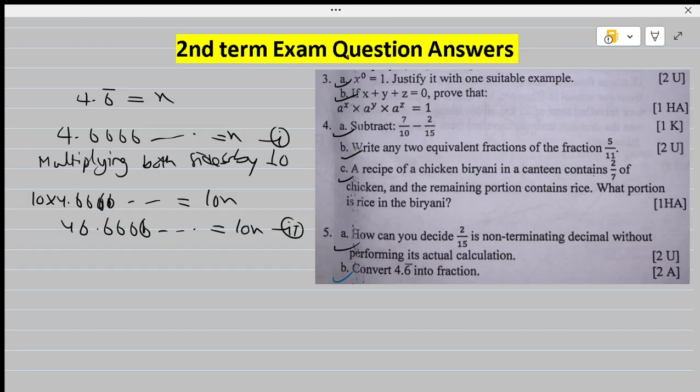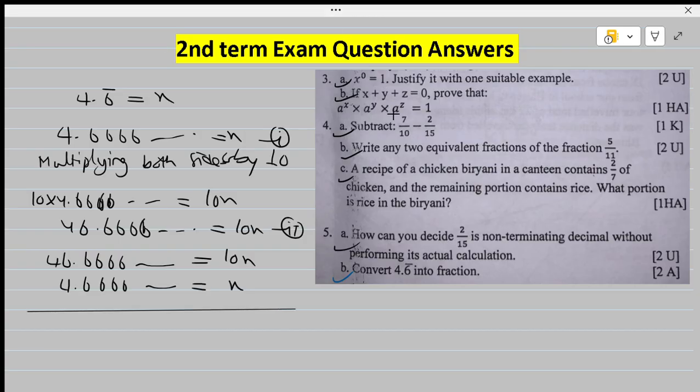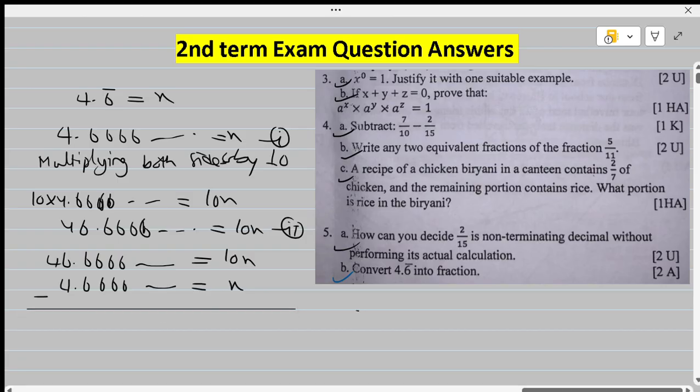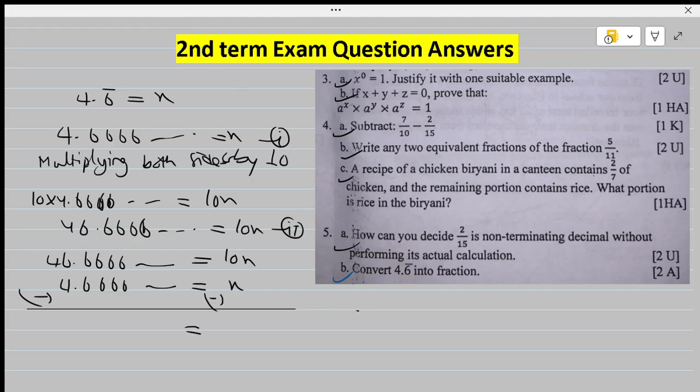Subtracting equation 1 from 2: 46.666 we have on the second, and 4.666 on the first, 10x above and x below, and we subtract. You may subtract horizontally also; I've subtracted vertically. Now on the right side 10x minus x will be 9x, and on the left after the decimal you see the same 666 repeated.